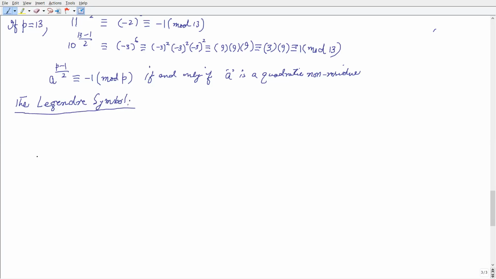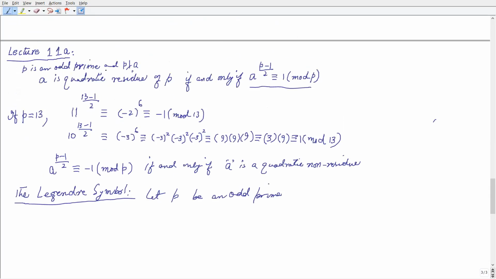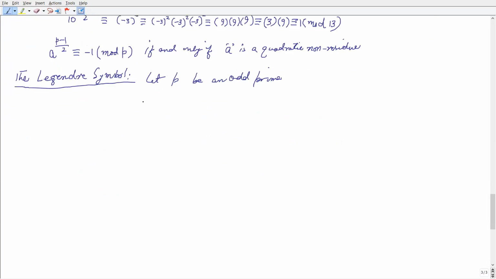Let P be an odd prime, and the previous one is also for an odd prime.